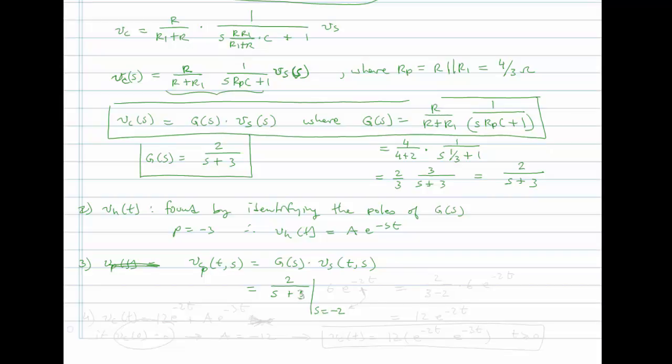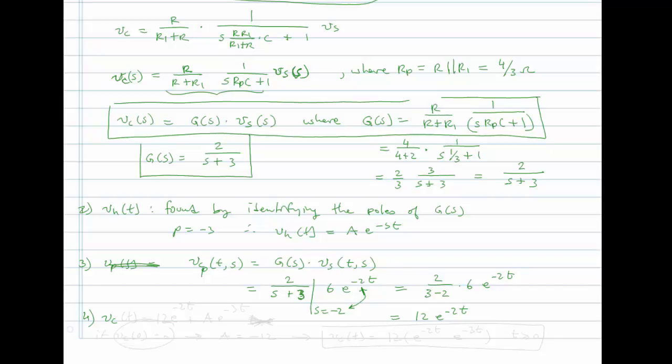And the reason is that our excitation is occurring at a value of -2. So that actually comes over here. We'll evaluate the transfer function at whatever value of S that we're going to excite the system. So now we have 2 over 3 minus 2 times 6 e to the -2t, which gives us 12 e to the -2t.